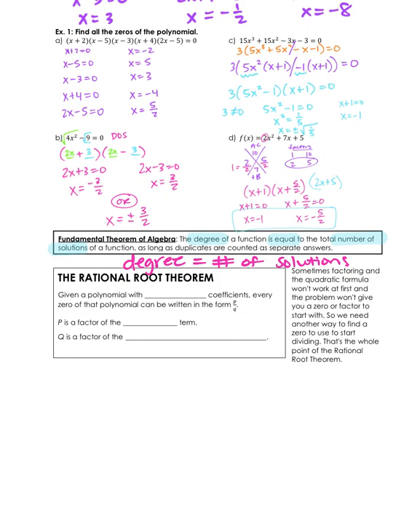And then here is the bulk of what we're doing today, the rational root theorem. We also call this RRT for short. So it says, given a polynomial with integer coefficients, and remember, integer just means whole numbers.